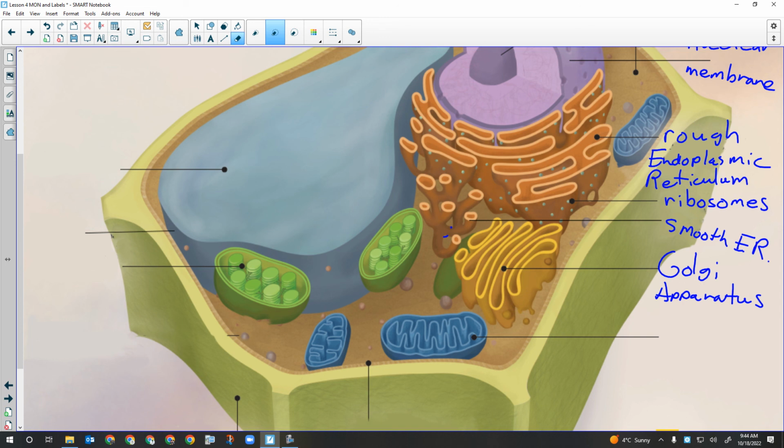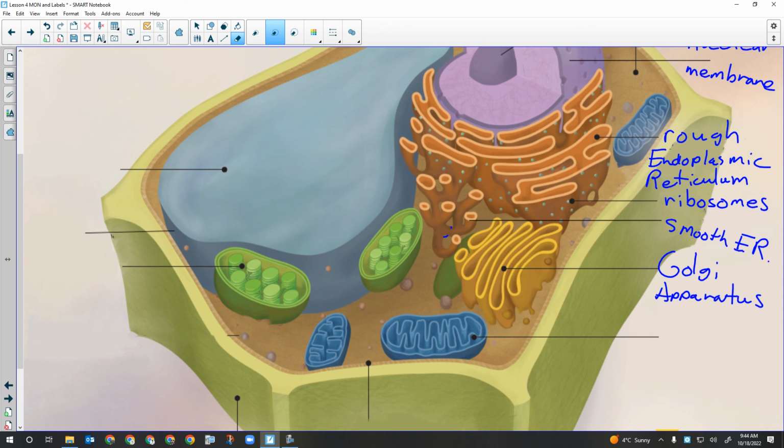Okay, it packages wastes before they're removed from the cell. It also packages things that the cell is trying to export. So if you have a particular cell and its job is to make insulin, okay, the Golgi apparatus will package the insulin as well as any wastes and move them to the membrane for export. Okay, so we typically say that its job is to remove wastes, but it also helps remove or export material.